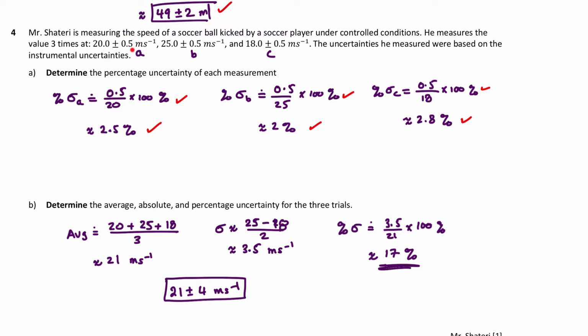So these numbers should actually be a little bit higher in order to properly show the uncertainty of each individual value. And during that procedure, something went wrong, and Mr. Shateri was just not able to properly measure it with that much certainty or that much uncertainty.